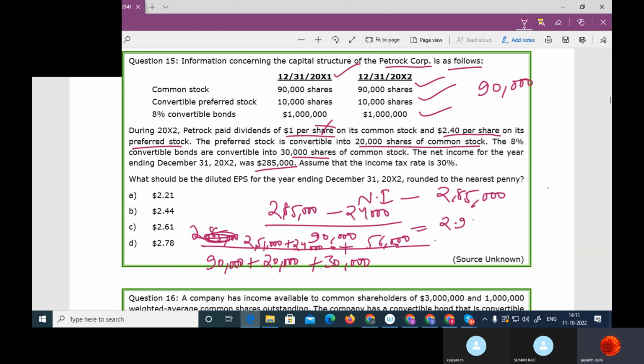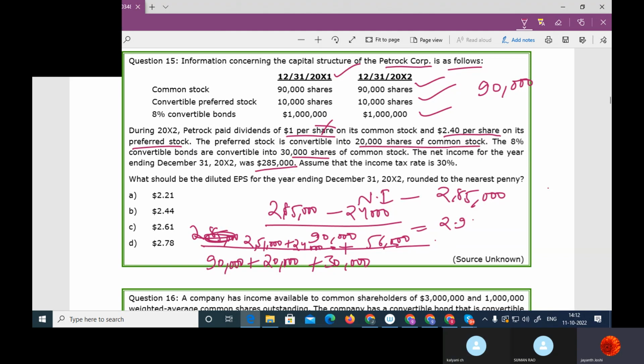Just a second. 31,000 plus 20,000, 2.36.